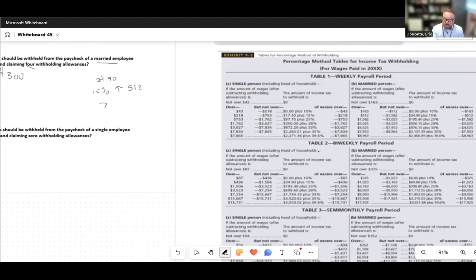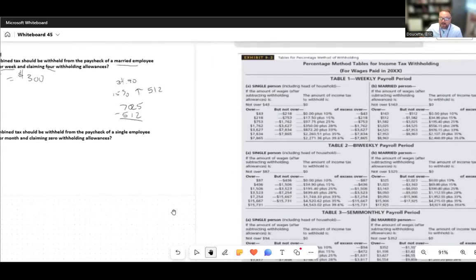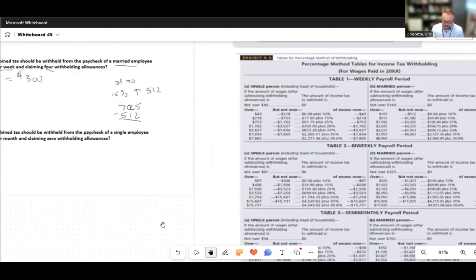Right? Well, I said mine's $725, minus 512, because that's the cap. Double check my amounts just to make sure. Yeah. All right. So 725 minus 512 is $213. And I'm going to multiply that by 0.15. That's the percentage.